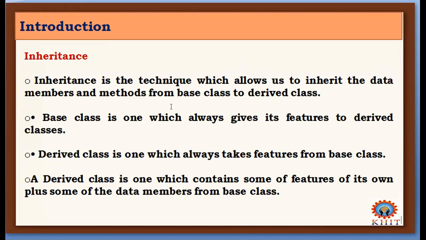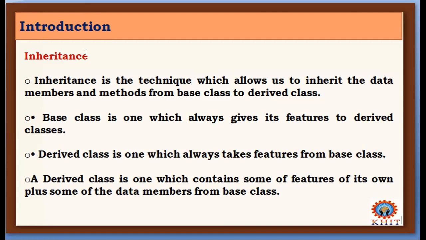Usually children will get some of the properties from their father or mother. That means they inherit some of the qualities of their father, like their voice or walking style or the facial structure, from father or mother. So we call it inheritance in general.